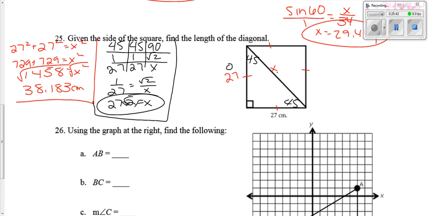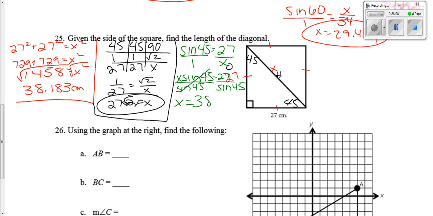This is my opposite, this is my hypotenuse. Cross multiply, I get x sine 45 equals 27. Divide by the sine of 45. 27 divided by the sine of 45 is 38.183. We get the same answer every way we do it.